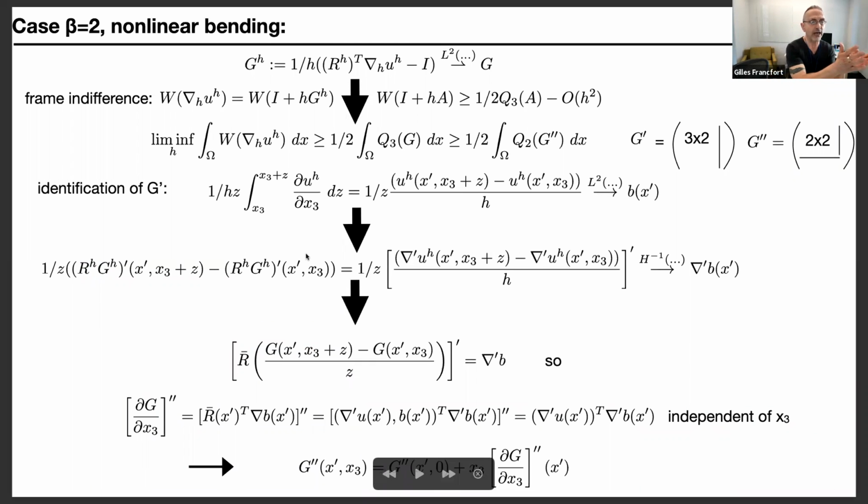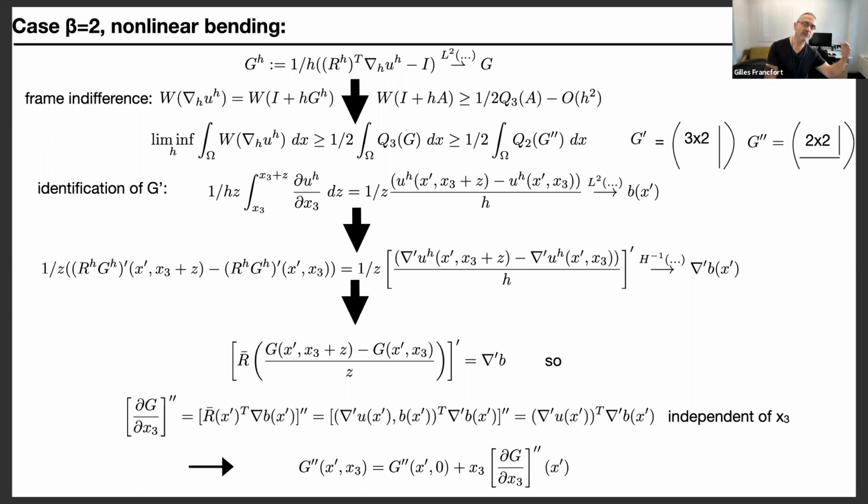Now, if I write my original energy in terms of GH, W of the rescaled gradient of UH is W of I plus HGH. So now I'm going to use something which just comes from my original assumptions on the elastic energy. If I take a matrix A, W of I plus HA is bounded from below by what I wrote here. Okay. So if I take the limit, I want to do the gamma limit.